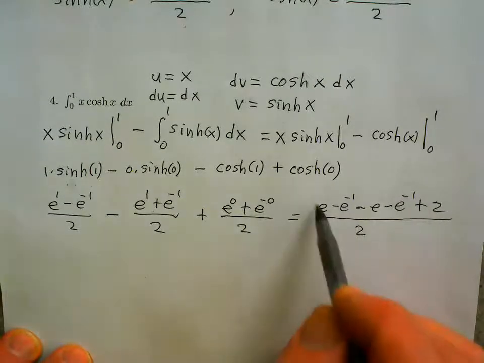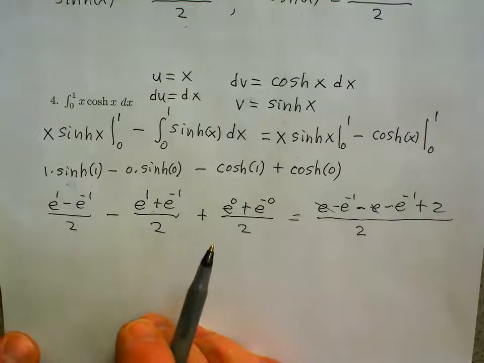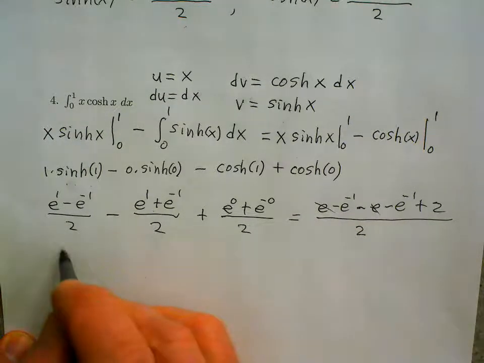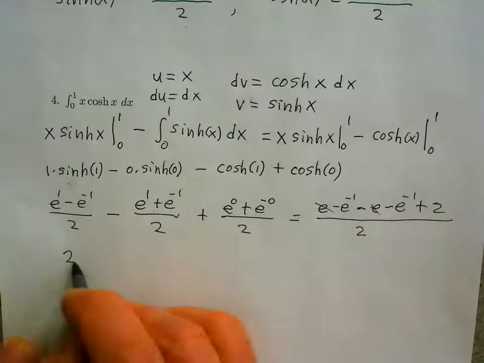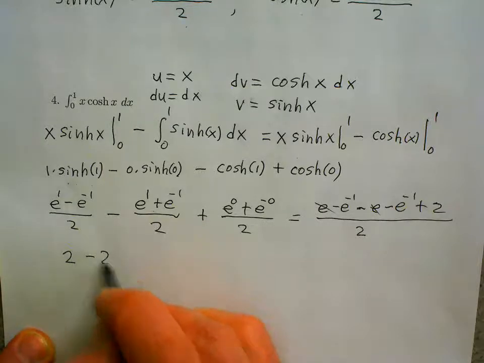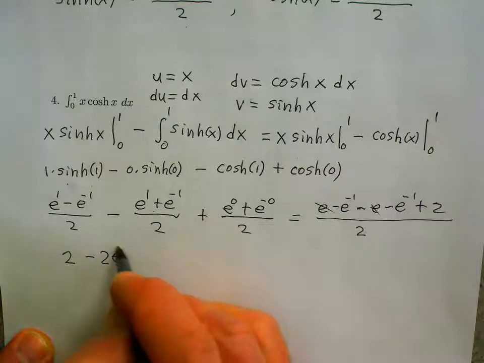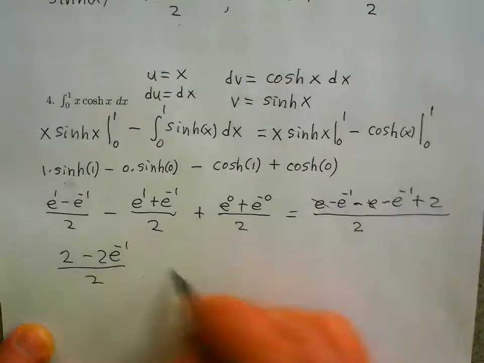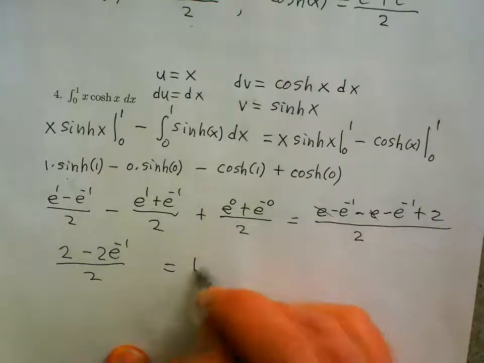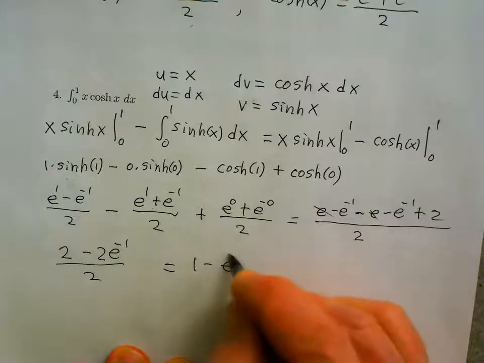So we get a cancellation, and we get 2 minus 2e to the negative 1 over 2, or 1 minus e to the negative 1.